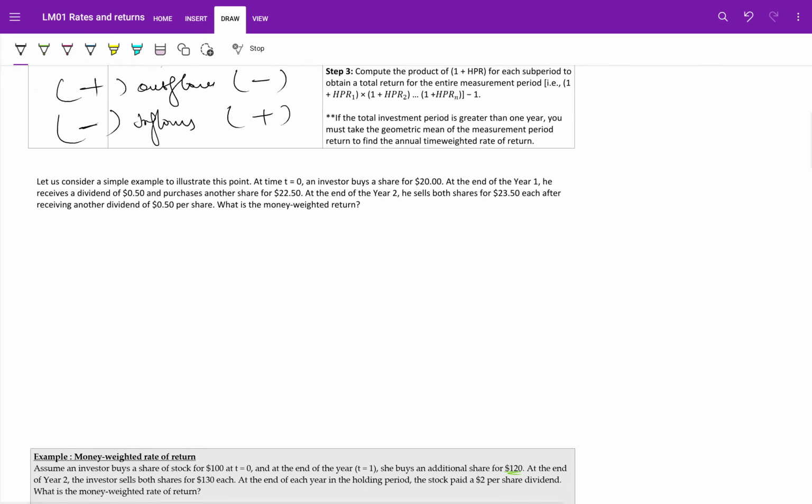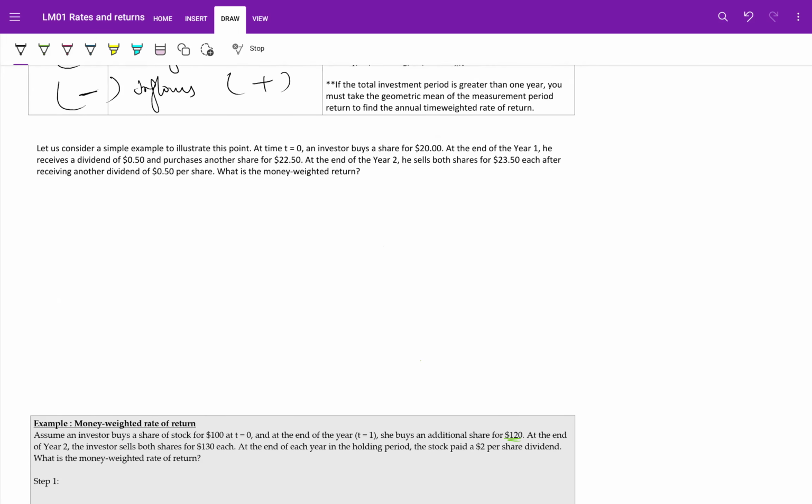I hope you have understood internal rate of return. Now let's start with money weighted rate of return with an example, and it will be more clear to you. How do we solve it, and what do we mean by money weighted rate of return? Here is an example where at time zero, an investor has bought a share for $20.